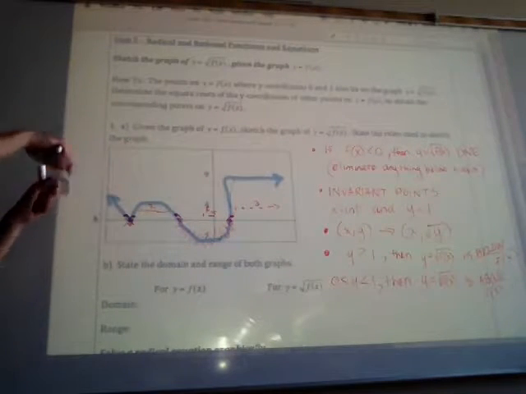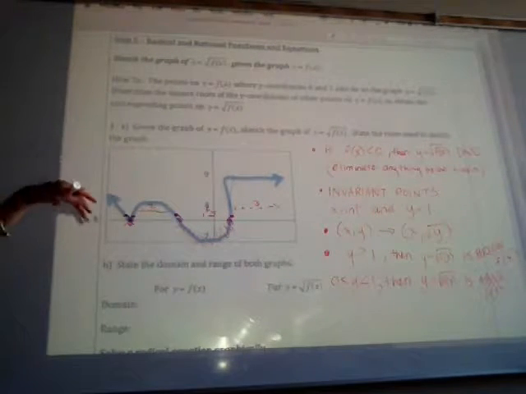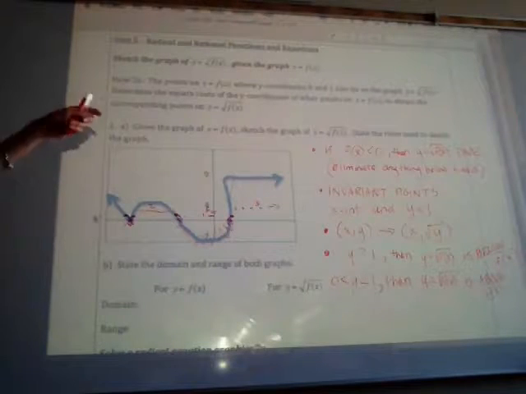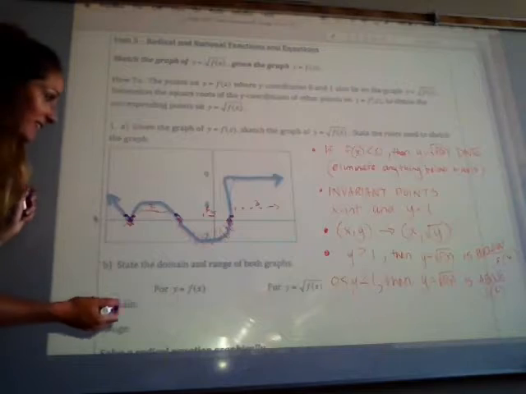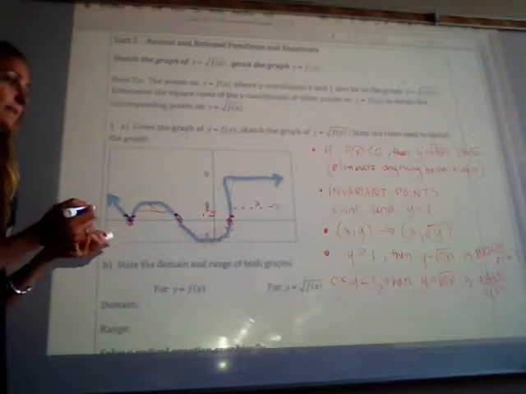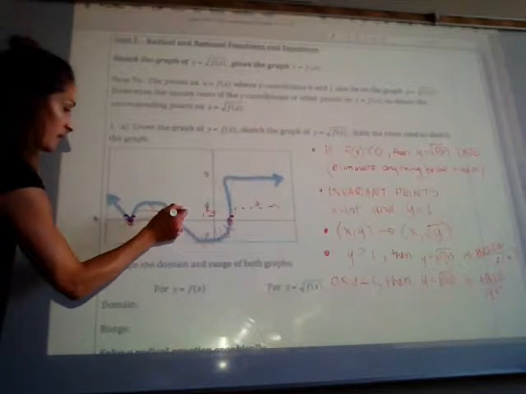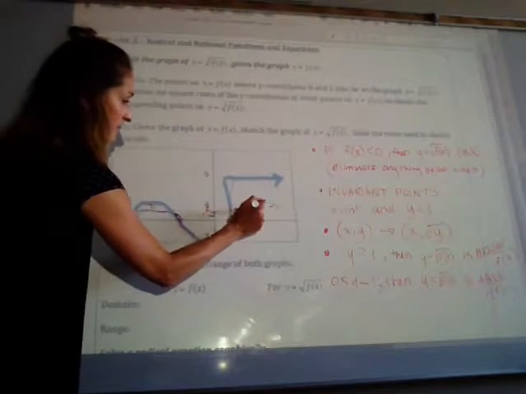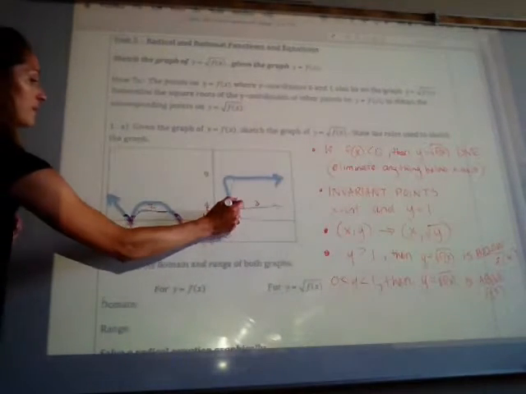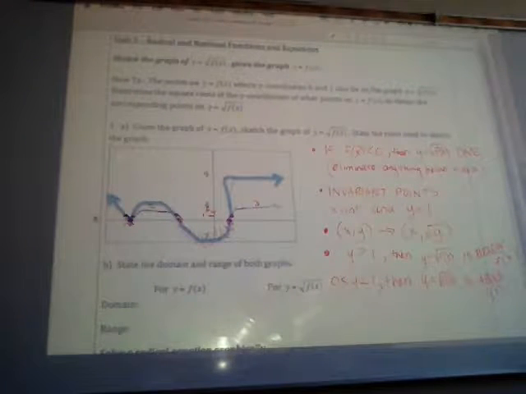My skills on drawing on Word are kind of limited, so sorry if it was a bad graph. Okay, if it's above 1, then we draw below. We're below, and we're below. So now we've drawn our new graph.